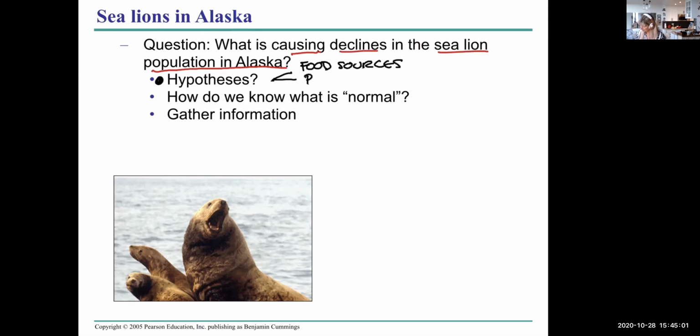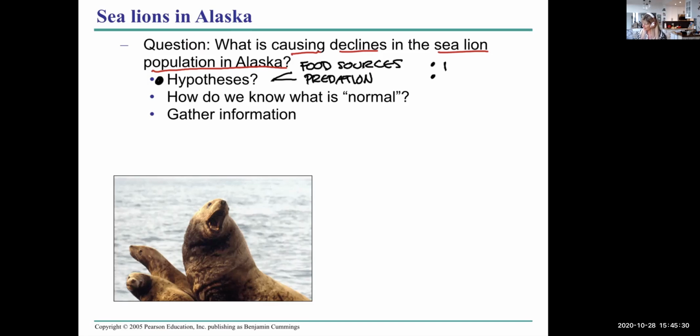Predators. Good, good. What about any abiotic variables that you could think of? It would be an abiotic variable, in the ocean. What's an abiotic variable?